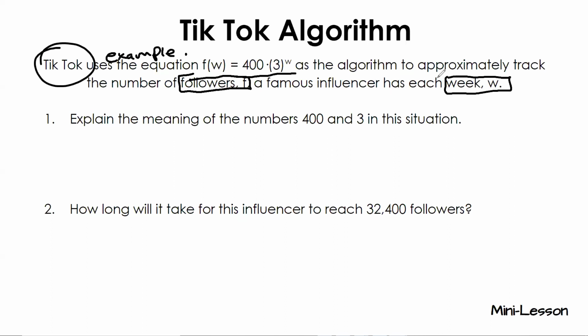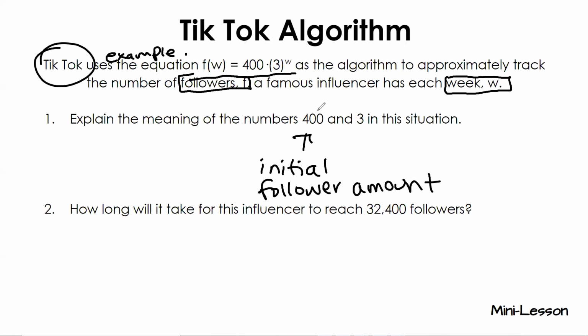Okay, so thinking this through, what does that 400 stand for? Okay, so that's our initial follower amounts. So if I had a blank sheet of paper, I would write 400 and it's the initial follower amount. Okay, what about 3? What does 3 stand for?